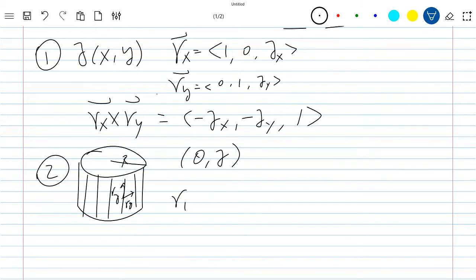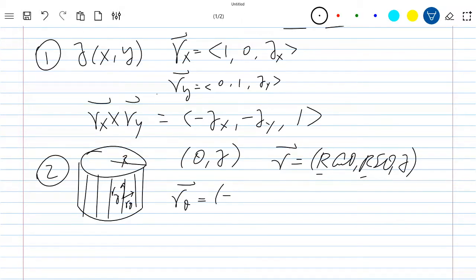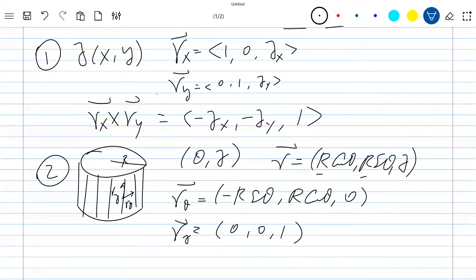What is R? R equals r cosine theta, r sine theta, and z. Remember, r is fixed, it's not a parameter. So r theta equals negative r sine theta, r cosine theta, and 0. And rz is just the k vector.